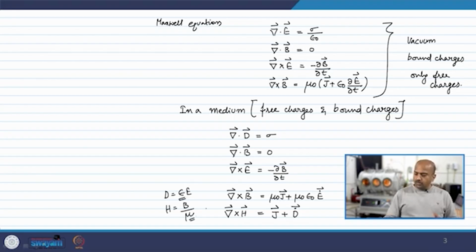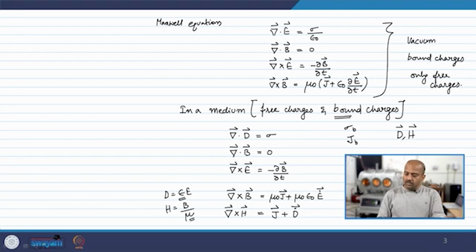You see, so capital D and capital H have the information of these bound charges. Bound charge density is, let us say, sigma B, and bound current density is, let us say, Jb, and the relevant permittivity is epsilon and the permeability is mu, right.